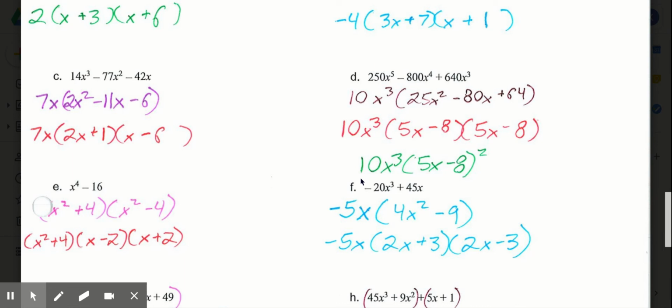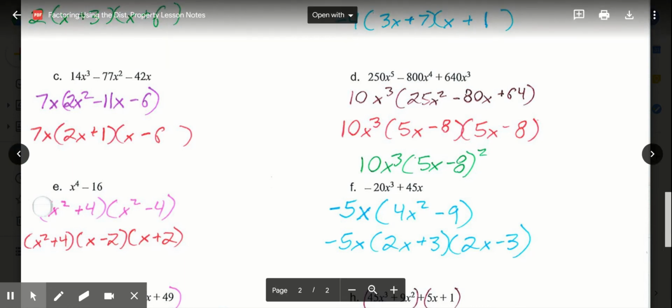In E, I only have 2 terms, so I'm looking at the difference of 2 squares. So square root the first and the second. Square root of x to the fourth is x squared. Square root of 16 is 4. So I have x squared plus 4 times x squared minus 4.